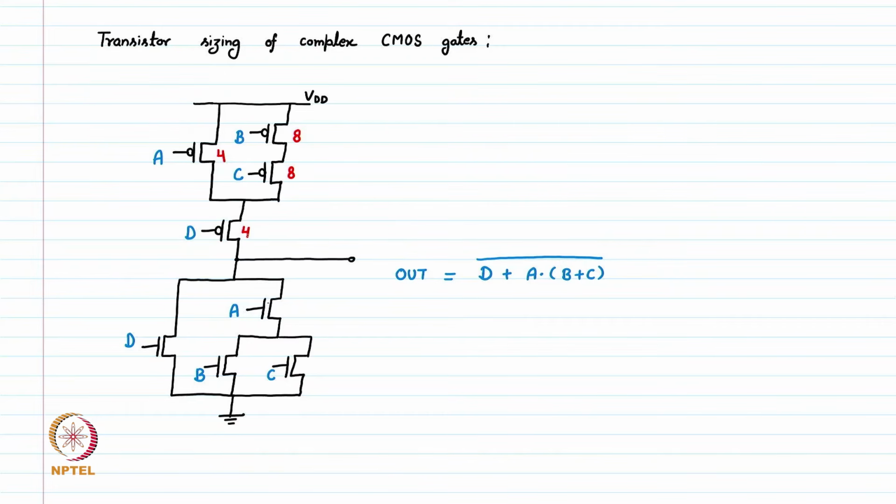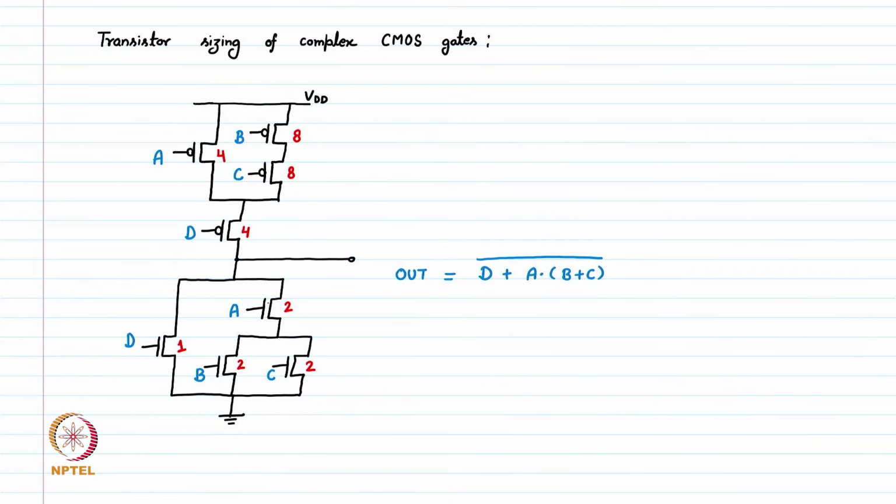So this is how we can do transistor sizing. Similarly, for the pull down network, if let us say we assume this is 1, then this is 2, and these should be 2 and 2. So, this is the relative sizing of these transistors for a CMOS gate.